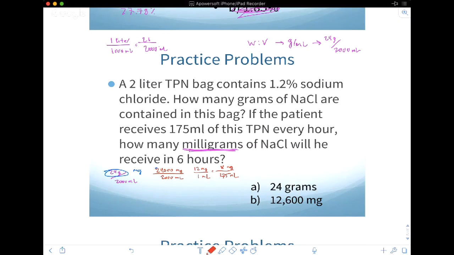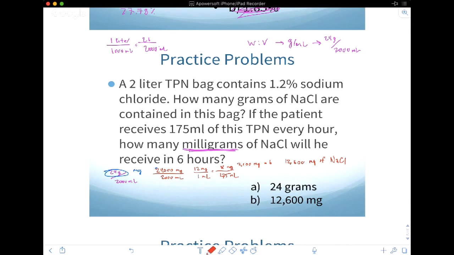That means every hour he's going to receive 2,100 milligrams of sodium chloride. Now, how many milligrams of sodium will he receive in 6 hours? Well, you just take that 2,100 times 6, and he'll receive 12,600 milligrams of sodium chloride.